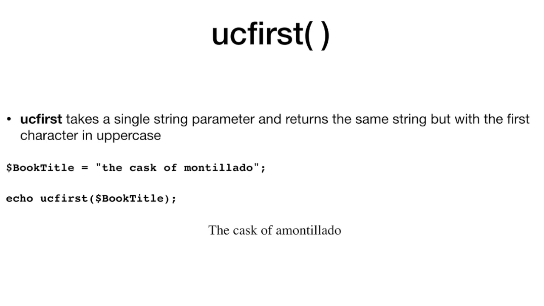But when we pass that into ucfirst, it returns the exact same string, but we have an uppercase T there instead of a lowercase. Now you're thinking, why might you want that? But in a database, for example, some things might be all stored in lowercase. And you might want then to, like a person's name, for example, should be displayed with the first character in uppercase.